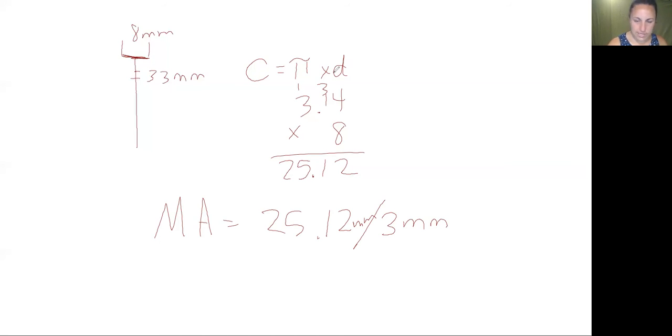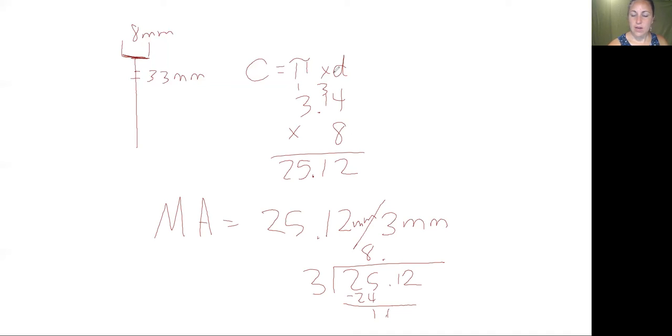All right, and so when we divide those out, 3 goes into 25.12. We are going to say 3 goes into 25 how many times? 8, which is 24. We get 1.